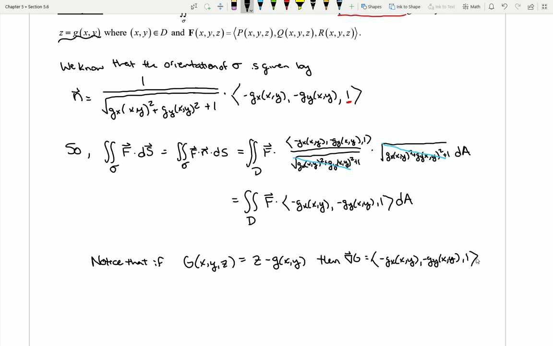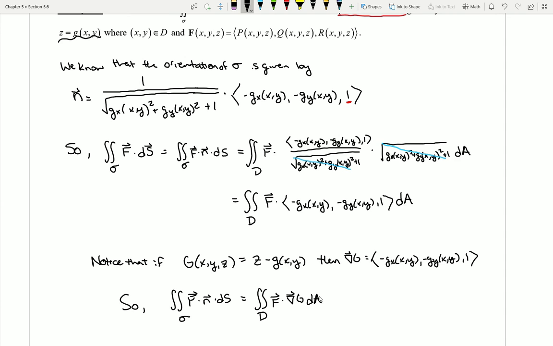And so if that's the case, then I can say that if I had my F dot n dS, I can think about fully simplifying that down into an F dotted with the gradient of G, where G is defined as taking my z and just subtracting off my g formula. When I take its gradient, I generate this vector, and the dot product of those will actually generate exactly what I need.